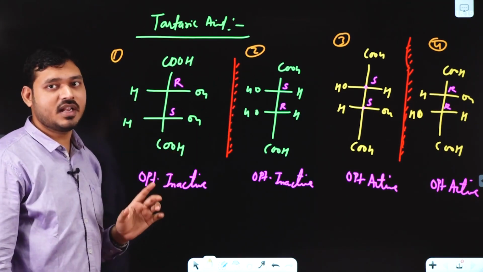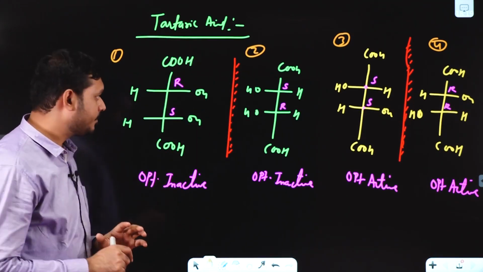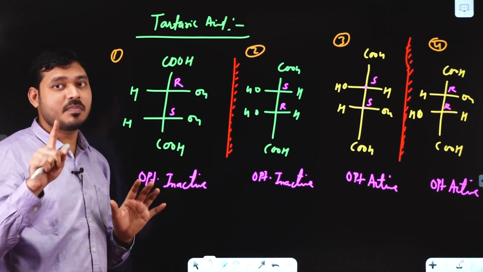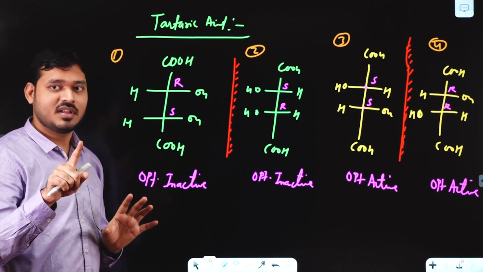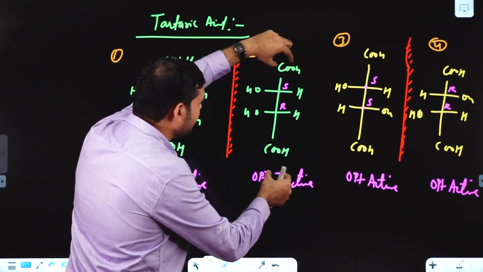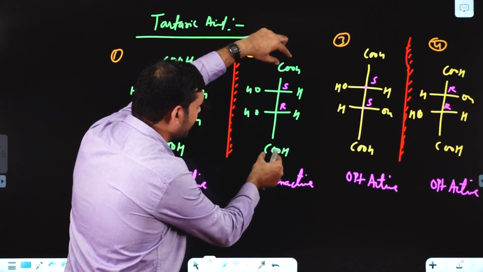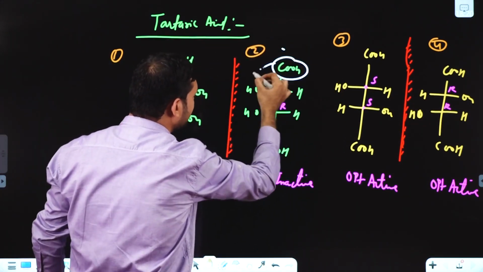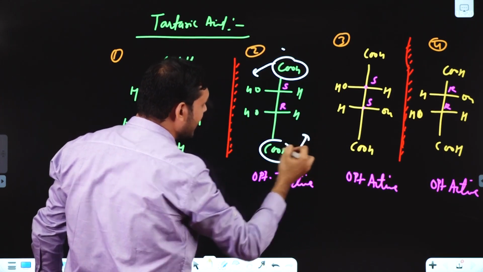Now when I say identical, I need to prove it. Okay, so let's do one thing. See, I have told you the properties of Fischer projection, right? So let's check it here. If I hold this part and I rotate in the plane of paper 180 degrees, means this part towards this side and this part towards this side, 180 degrees.